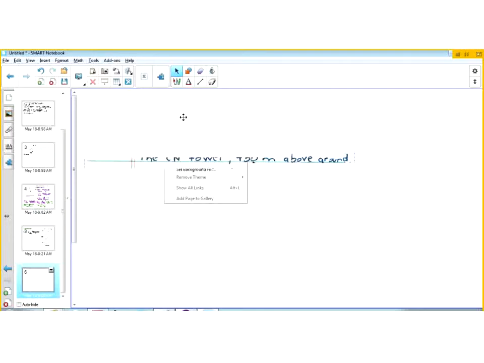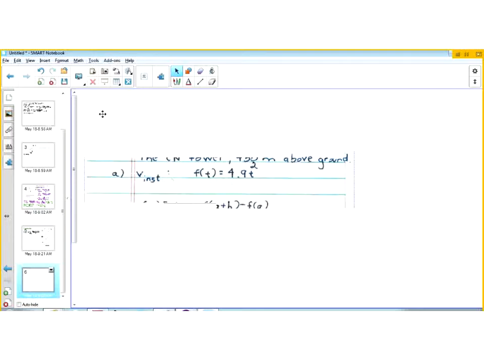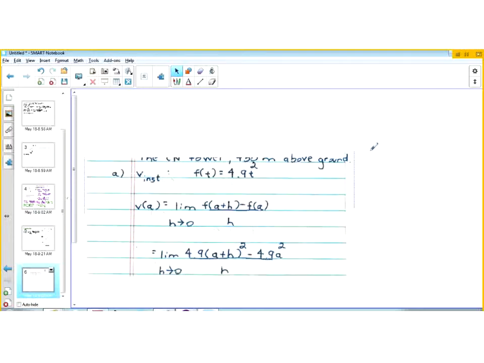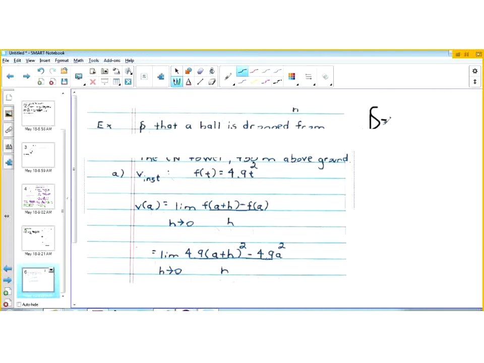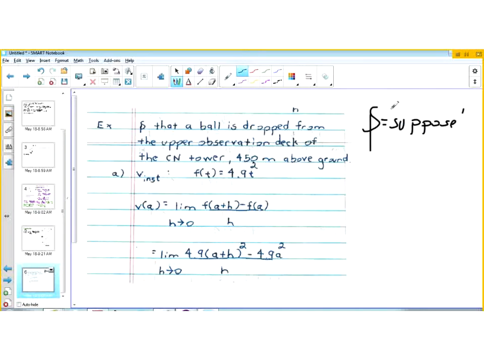All right, so here's the problem. Okay, so this symbol right here, an S with a P, this means suppose. I don't know if I've explained that in the past. That's my shorthand notation for suppose.